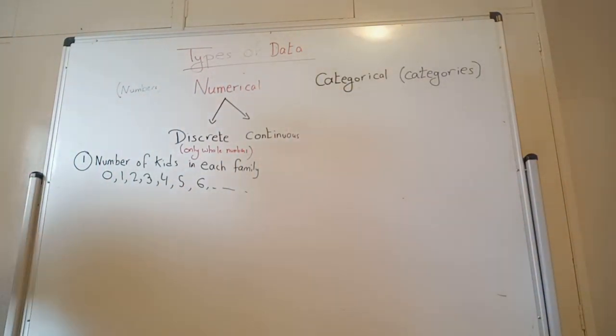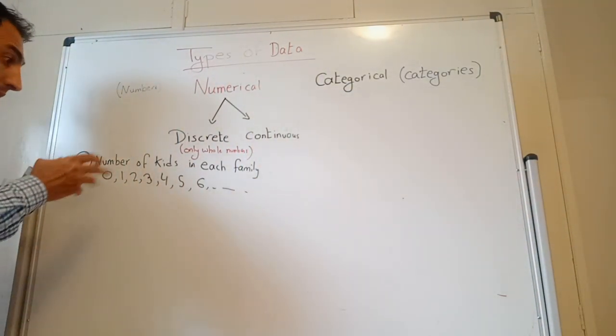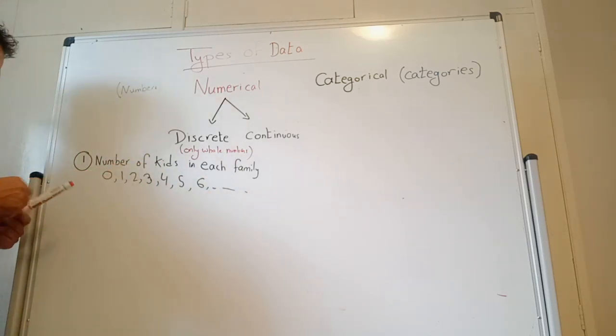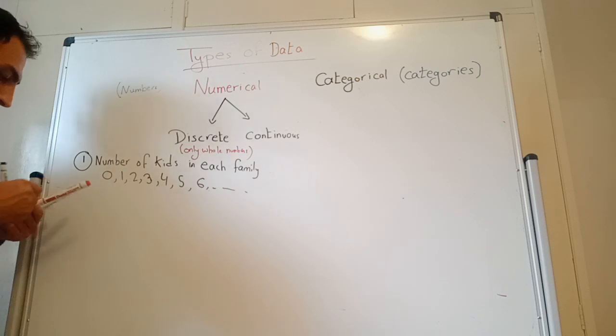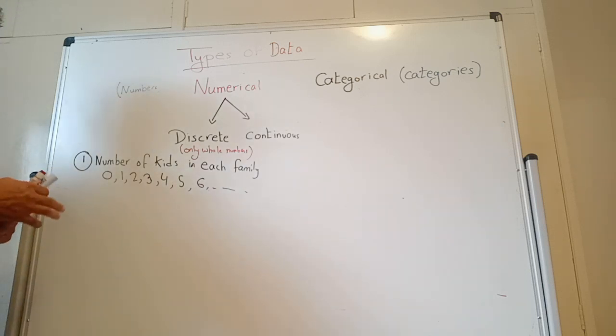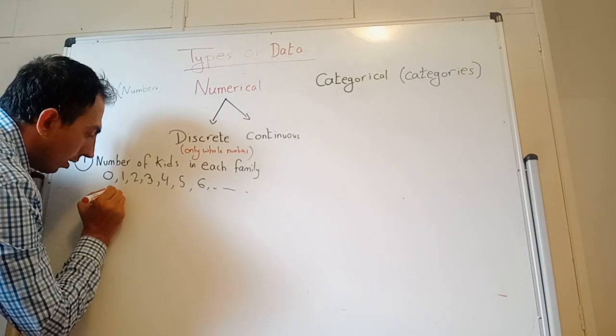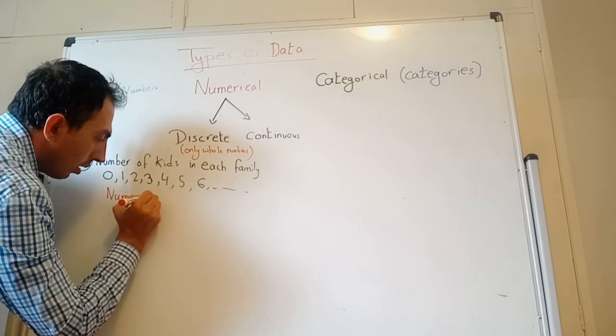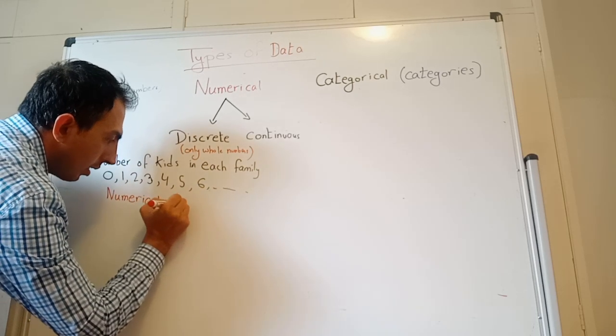So the number of kids in each family is numerical, you have numbers, and discrete values. So this is numerical and discrete.